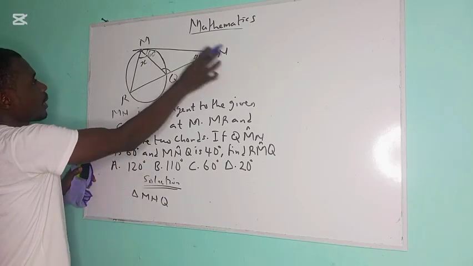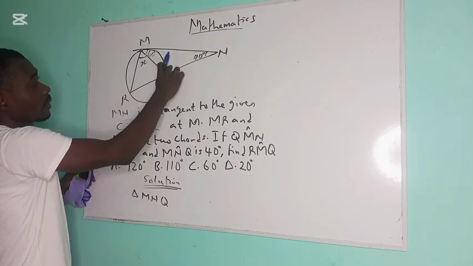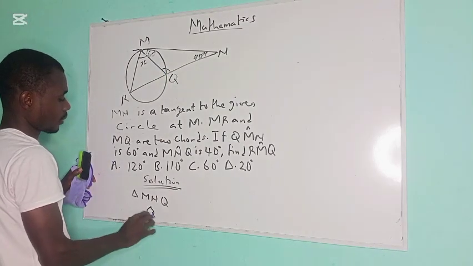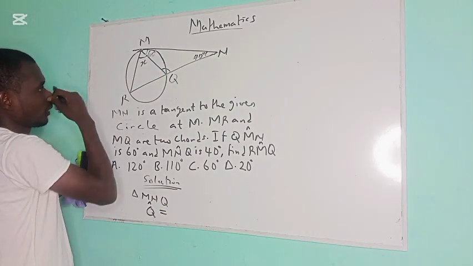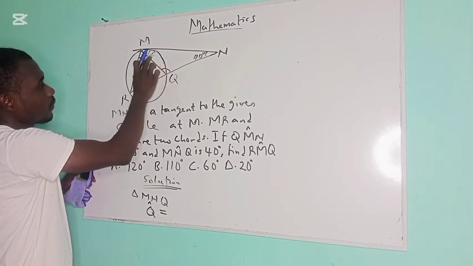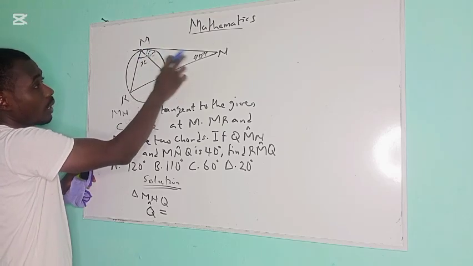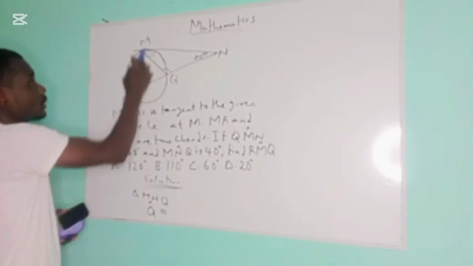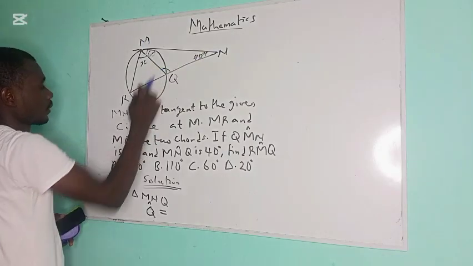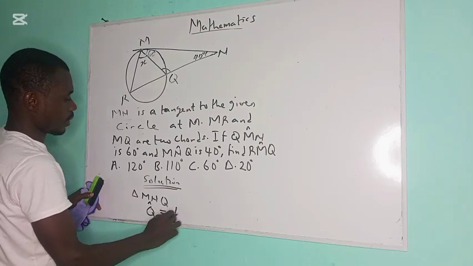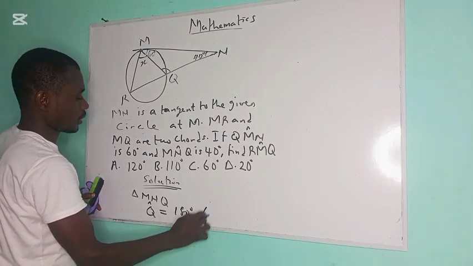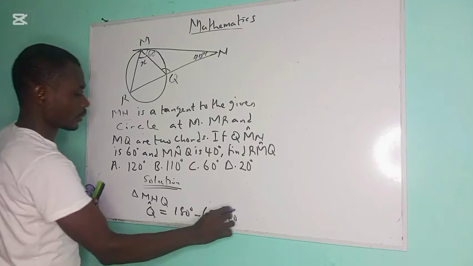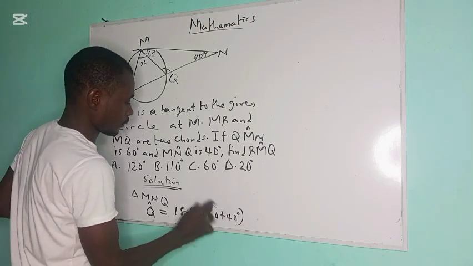In triangle MNQ, we can find our angle Q. That is, if we add these two angles together and subtract from 180, the sum of angles in a triangle, that will be 180 degrees minus 60 plus 40 degrees.